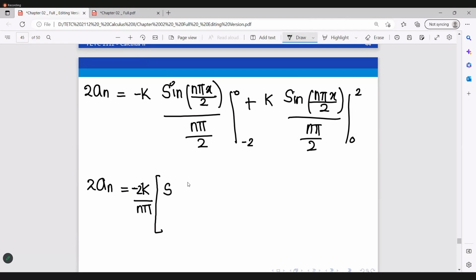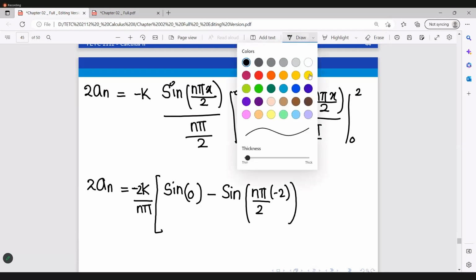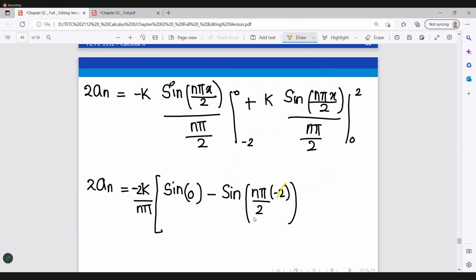So sin of n pi over 2 times 0, so there comes sin 0 minus sin of n pi over 2 times, we need to substitute x by minus 2. Then here we can see that this 2 and this 2 cancel out and the remaining part is another part.